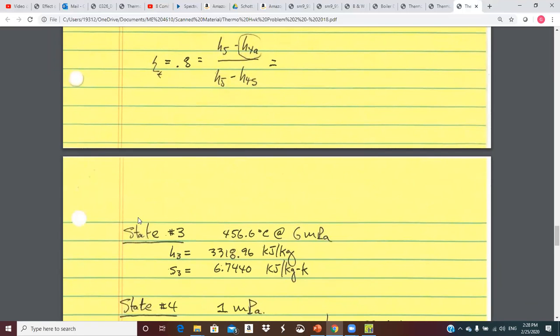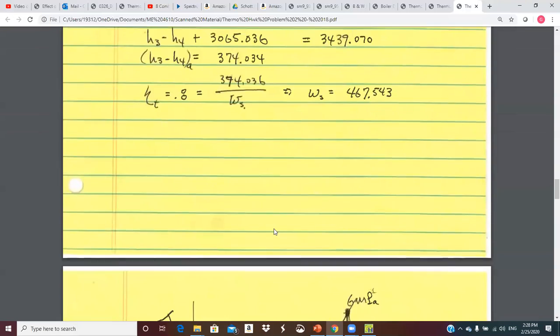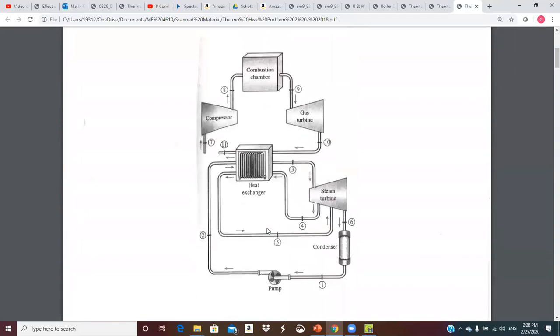And so that lets me find state 3, because then I have a temperature and I have a pressure. So let's go back up, find state 3. That's what I would call the main steam flow, the high pressure flow into this turbine. So then you've made everything balance and you've found that temperature.